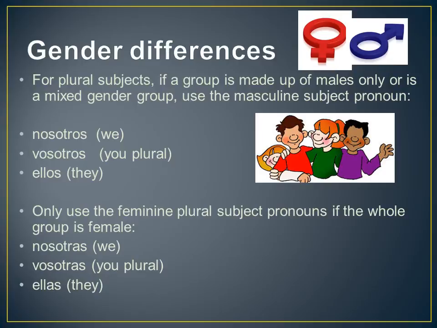For example, nosotros for we, vosotros for you plural in Spain, and ellos for they. We would only use the feminine plural subject pronouns if the whole group is female. Nosotras, we, feminine. Vosotras, you plural, feminine. Ellas, they, feminine.